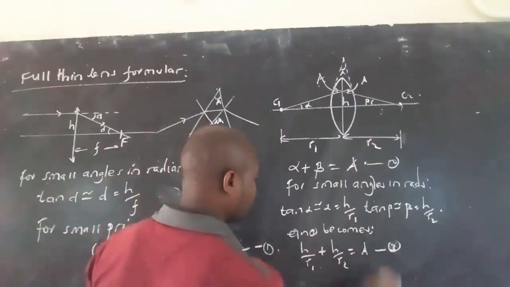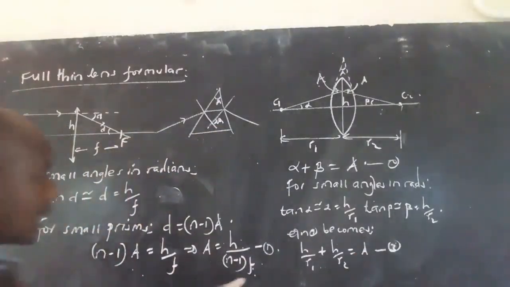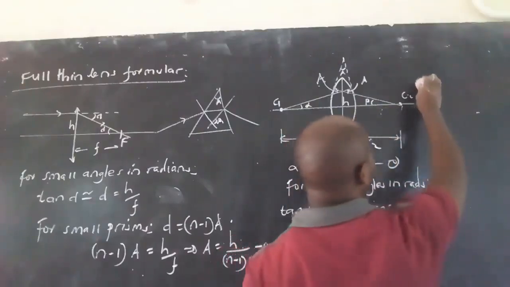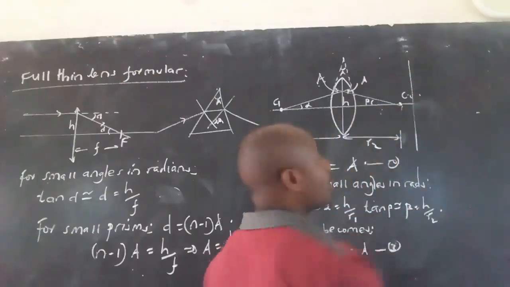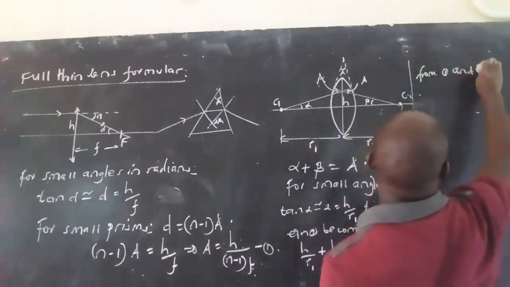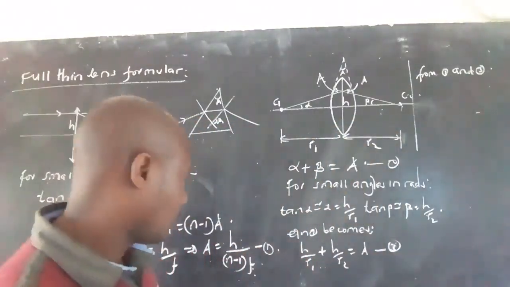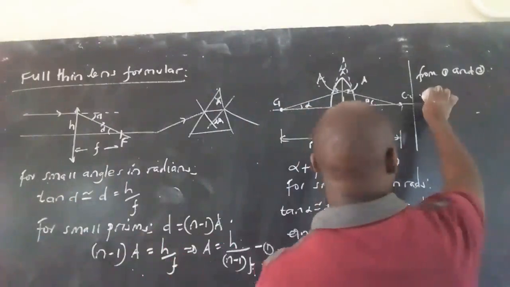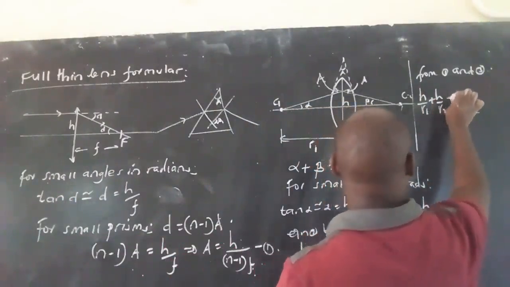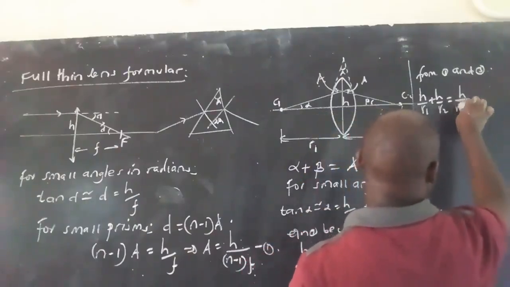Then from there, you can say from 1 and 3. So we can now say that h over r1 plus h over r2 is equal to h over n minus 1 f.